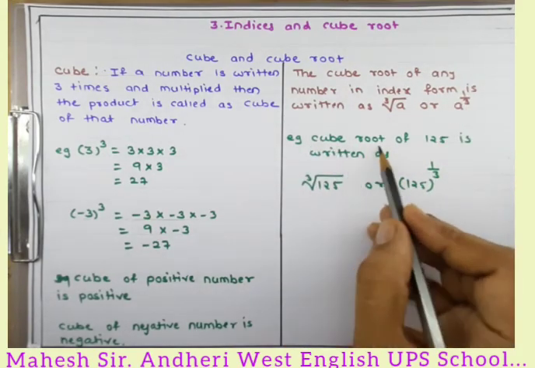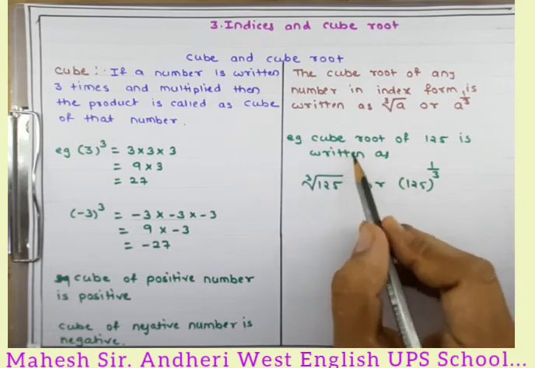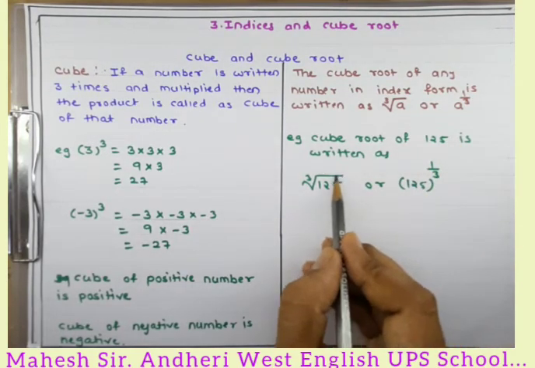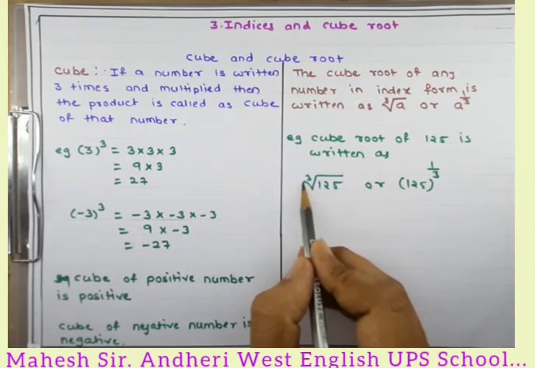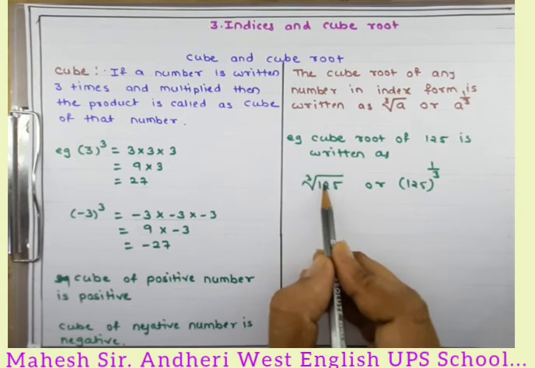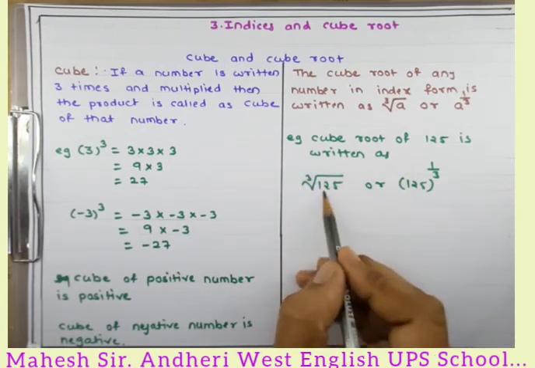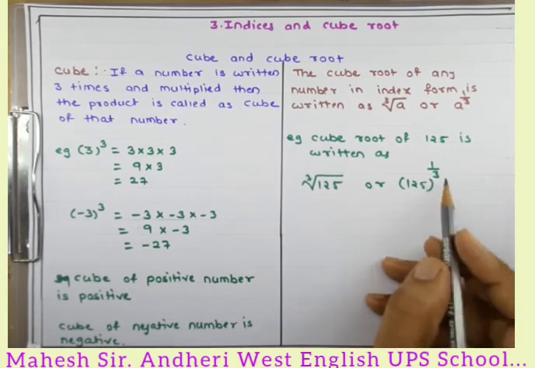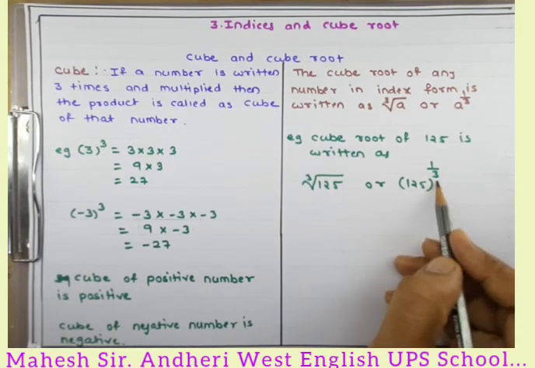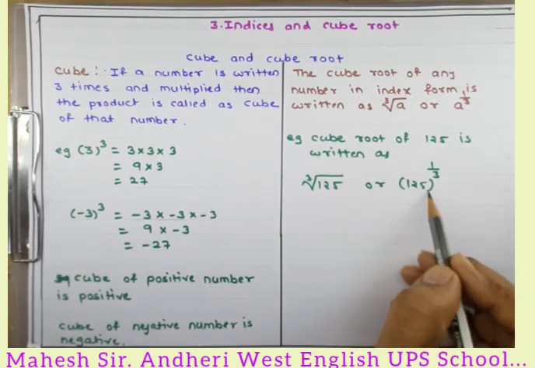Example, let's suppose we have to write the cube root of 125. So how can we write it? First, this is the sign of root. In this root we will write 3, and here we will write the number. So this is cube root of 125, or in the index form we can write 125 raised to 1 upon 3. So that is called the cube root of 125.